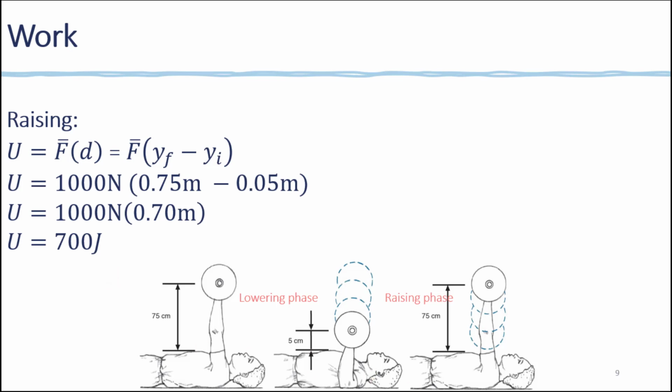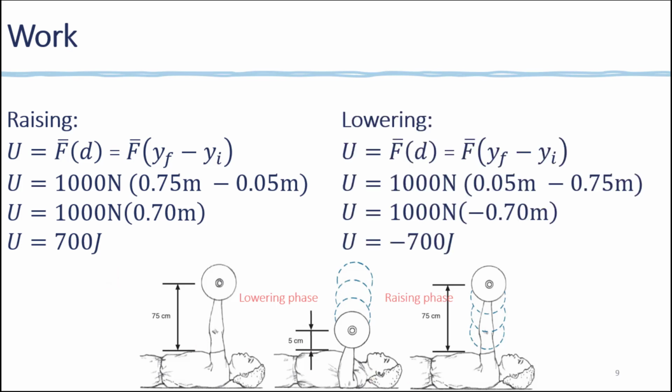Now for the lowering phase, the displacement of the barbell during the lowering phase was 0.05 meters minus 0.75 meters, right? Because this is our final position for the lowering phase. So the displacement in total was negative 0.7 meters for the lowering phase, which gives us our work of negative 700 joules.